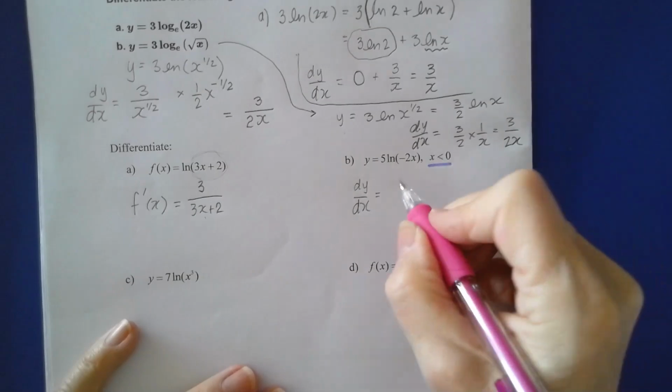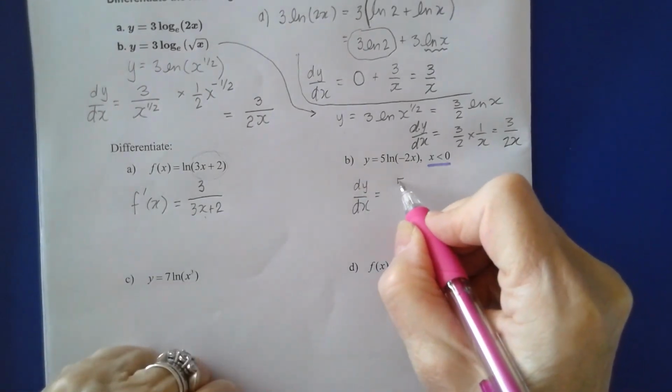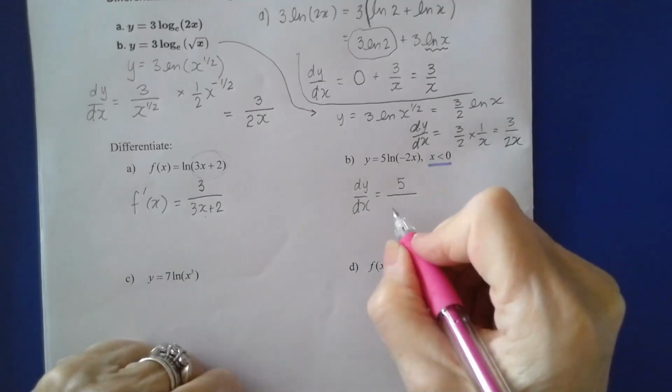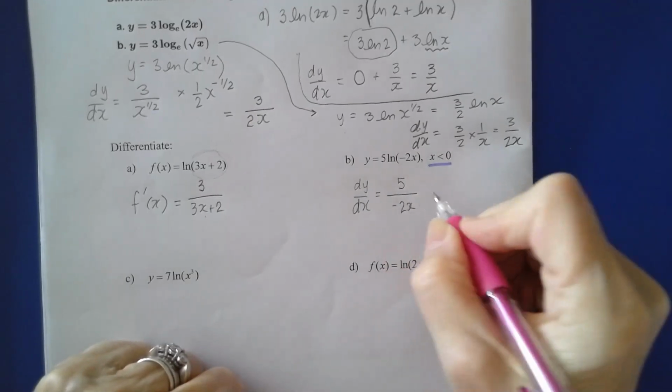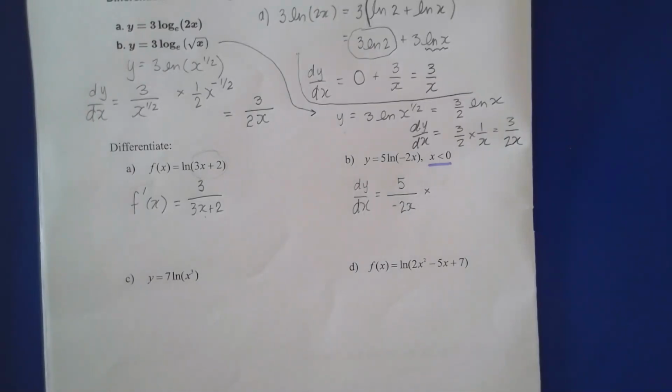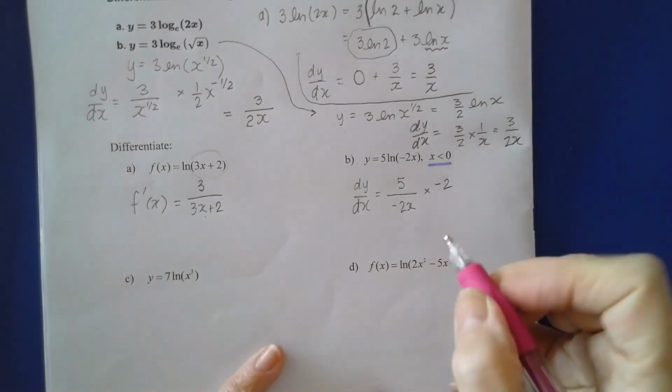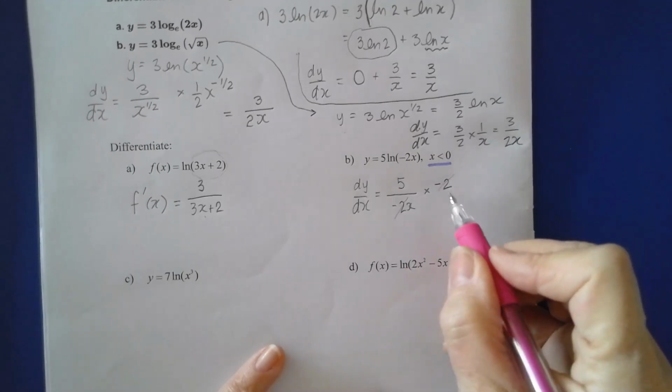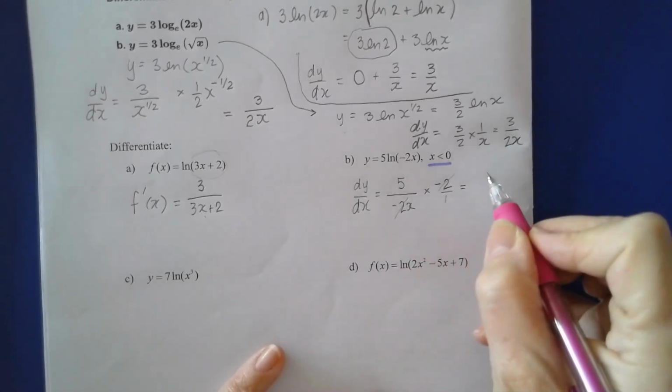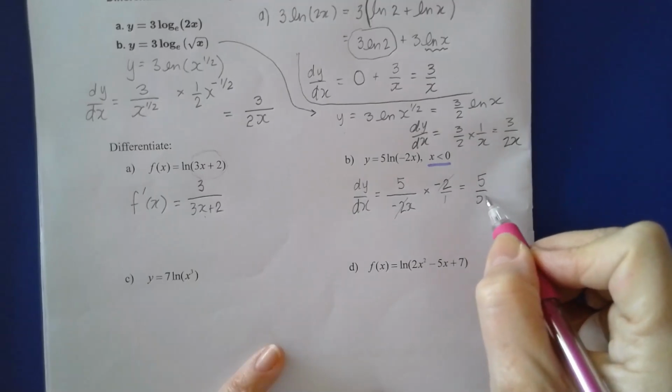The derivative is whatever's out here goes on top, 5 over negative 2x times by, what's the derivative on the inside? Negative 2. So those are gone, because this is like over 1, isn't it? And so I end up, yep, with 5 on x.